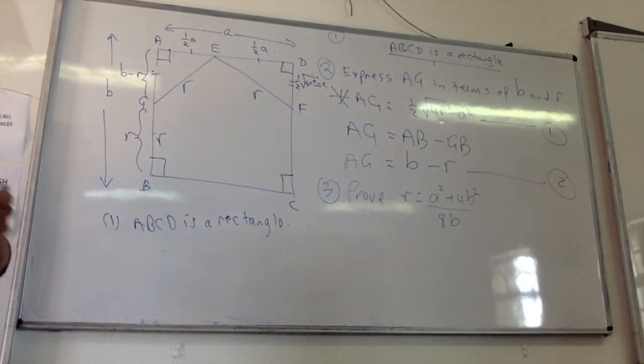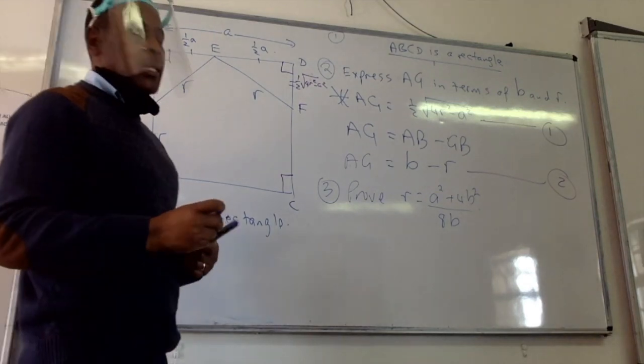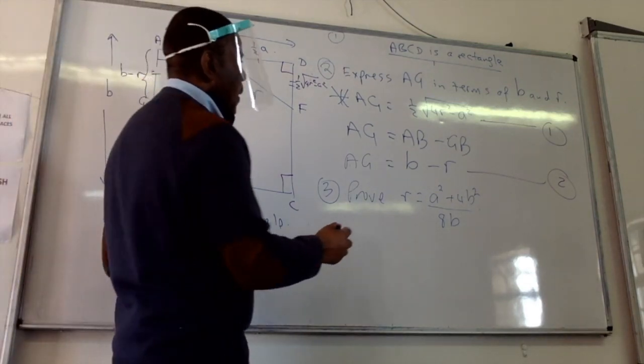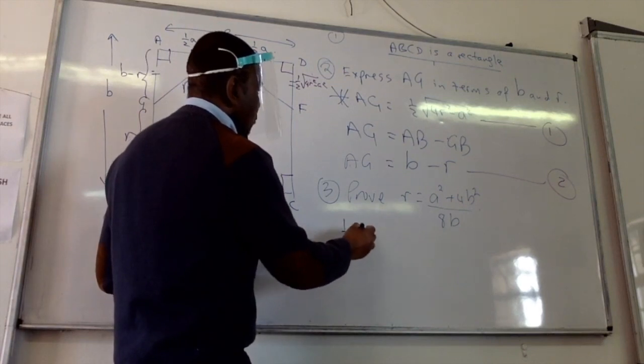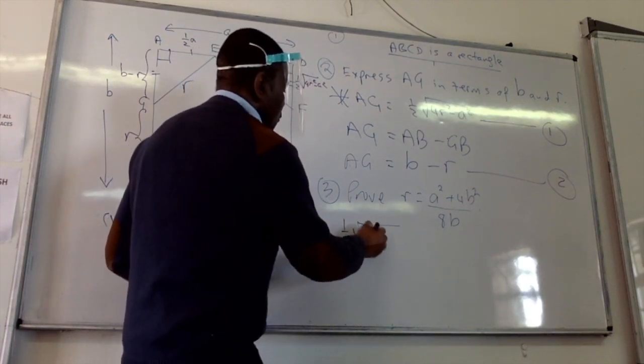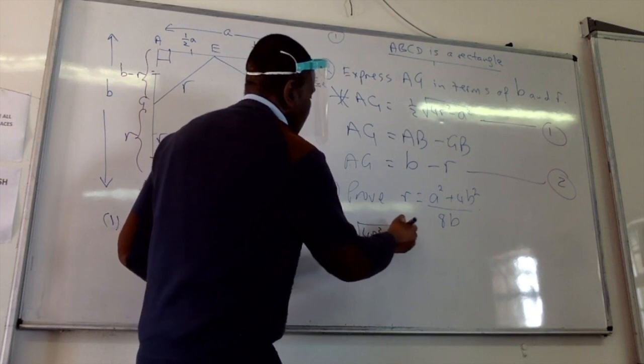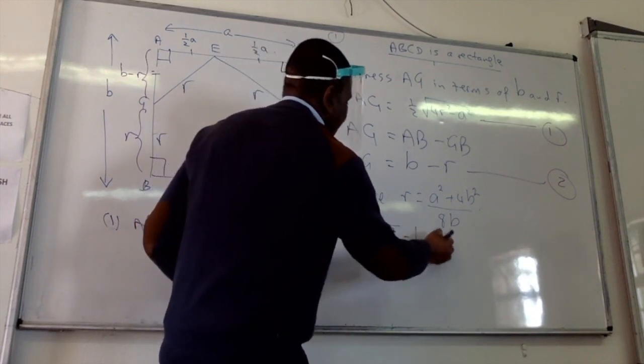Do you think we need to solve those two simultaneously? Because those are two expressions for the same thing, AG. So let's solve 1 and 2 simultaneously, and let's see what we can get. So we're getting half the root of 4r squared minus a squared is equal to b minus r.